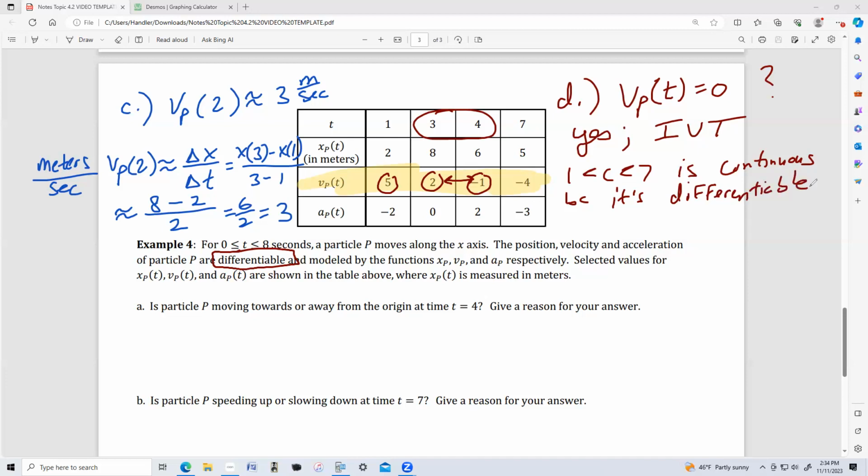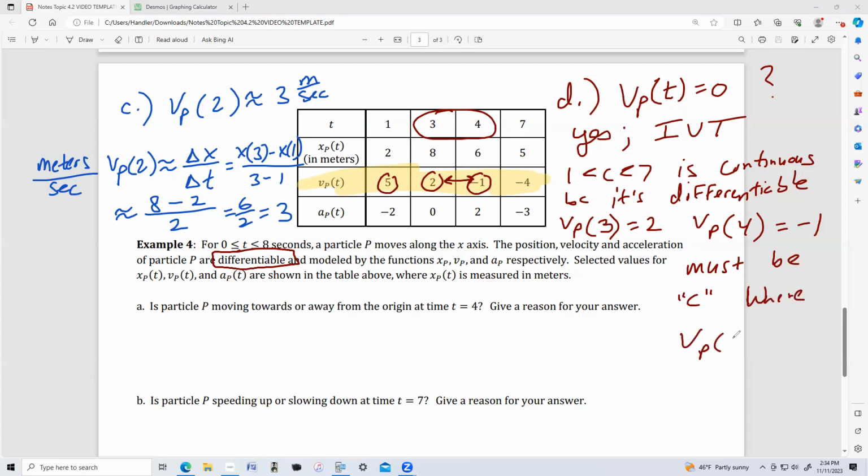So, due to the intermediate value theorem, since we know at time 3 the velocity is 2, and then at time 4 the velocity is -1, there must be some time c where the velocity at that time is 0. Okay, this is all due to the intermediate value theorem.